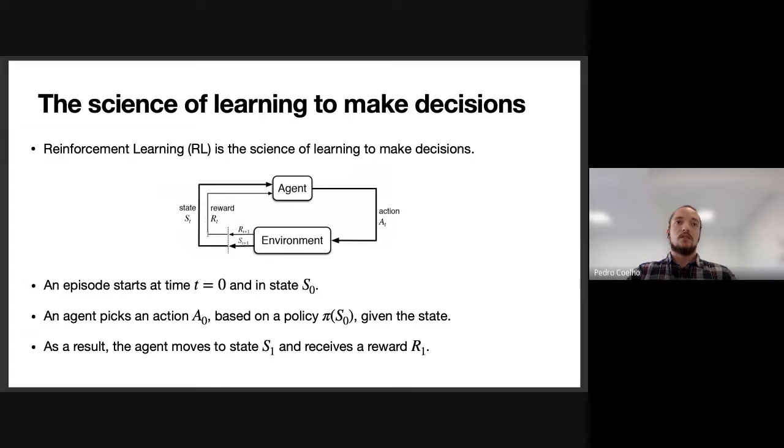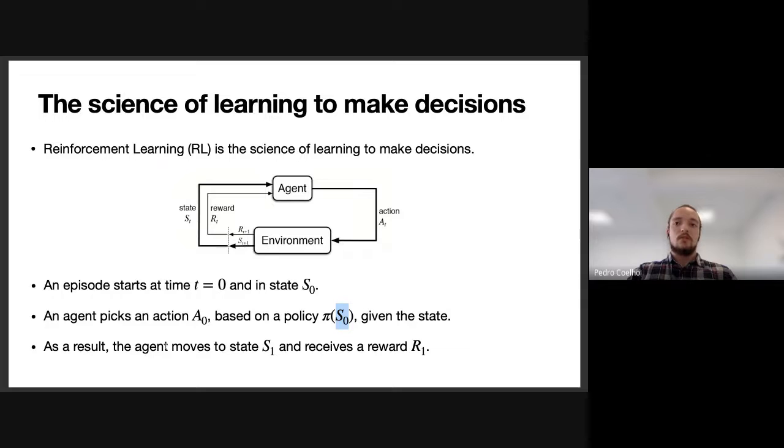So given a state S_t, the agent does an action A_t and gets into a state S_{t+1}. So at the beginning, it starts at t equals 0, state S0, picks an action A0. This action is chosen by a policy, which is an internal function of the agent. So this policy, based on the state, picks the action.